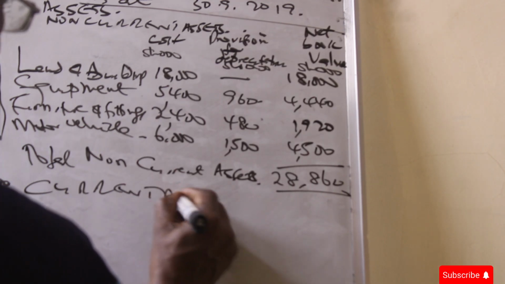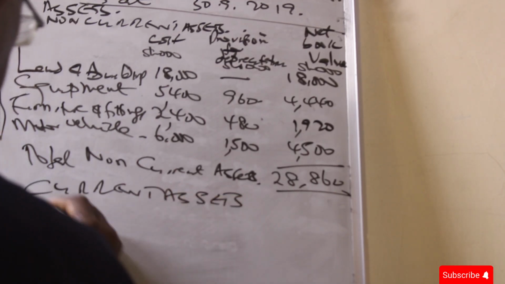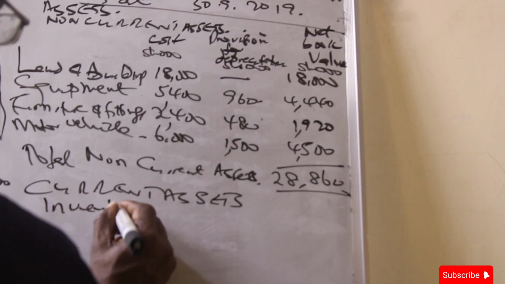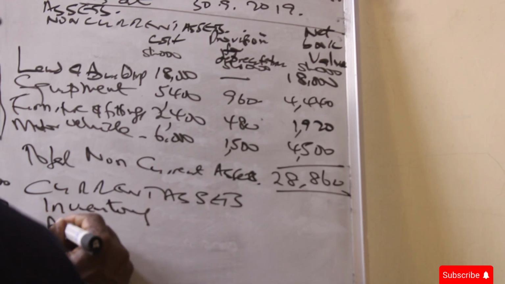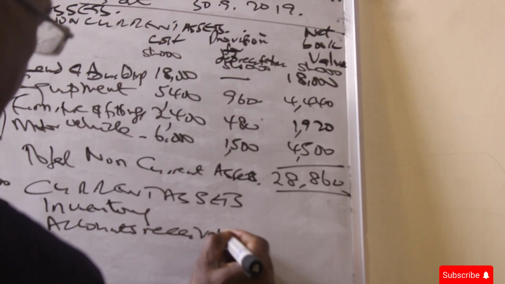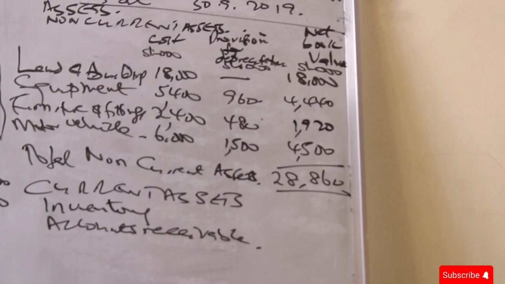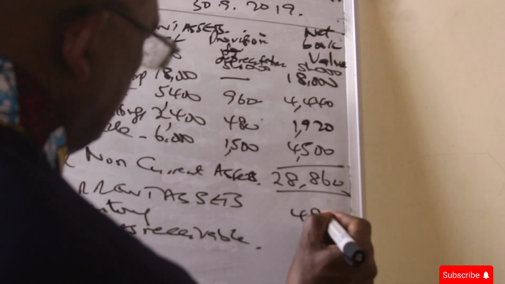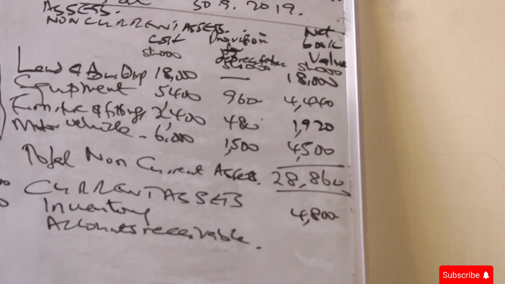Then we come to current assets, and you always start with inventory and accounts receivable. We calculated our closing inventory in the income statement, and it was 4,800.